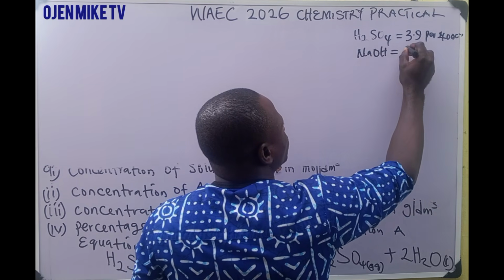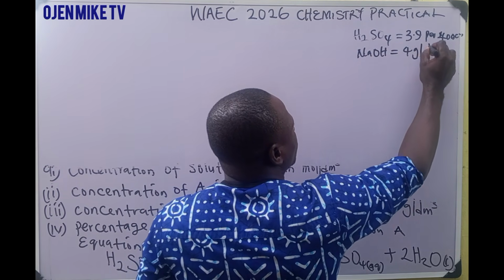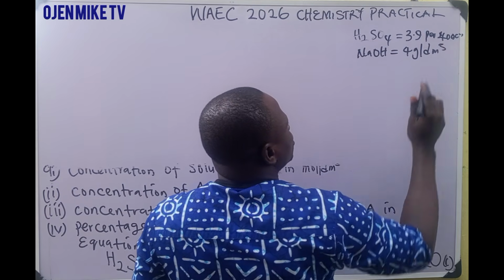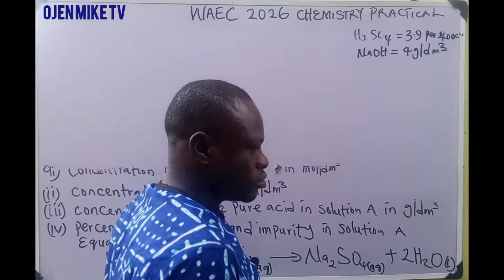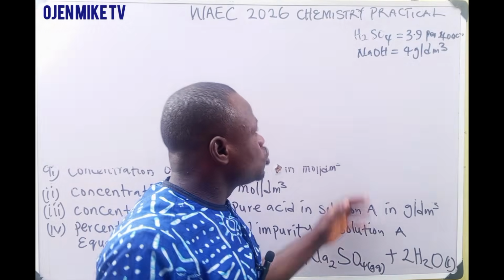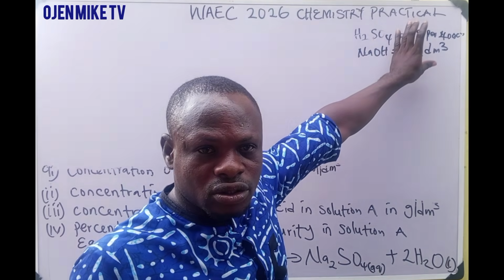NaOH is given as 4 grams per dm cubed. This is what is given in your question.